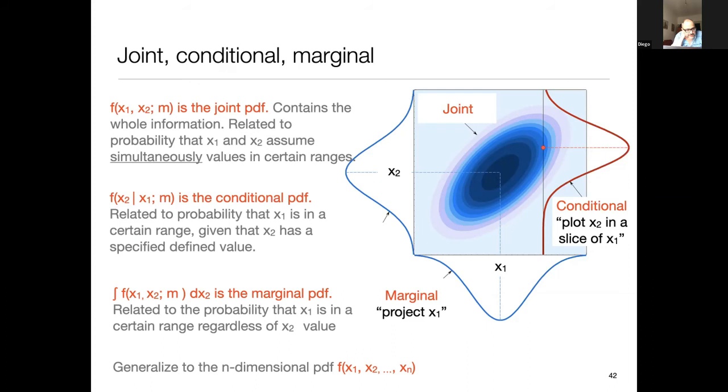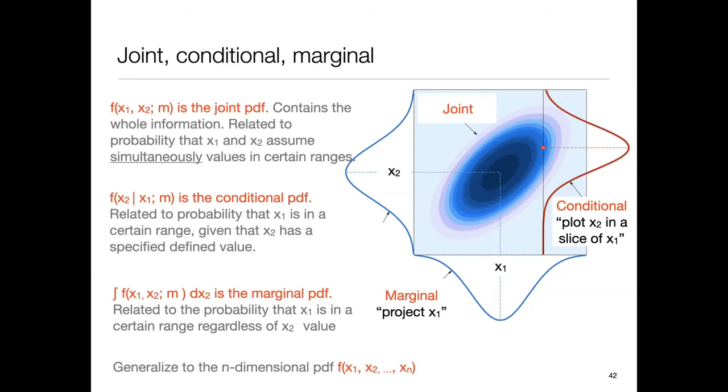And this contains the whole statistical information, and it basically expresses the probability that both x1 and x2 assume simultaneously values in certain ranges.